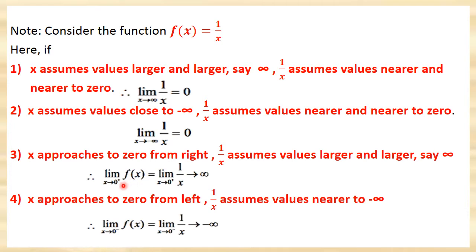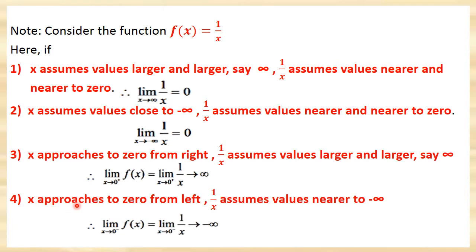Here the right hand limit lim x→0+ f(x) = lim x→0+ 1/x tends to infinity. Here we don't write infinity as a value, we say it tends to infinity.